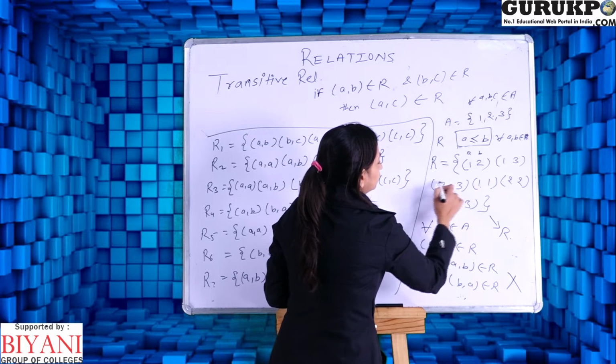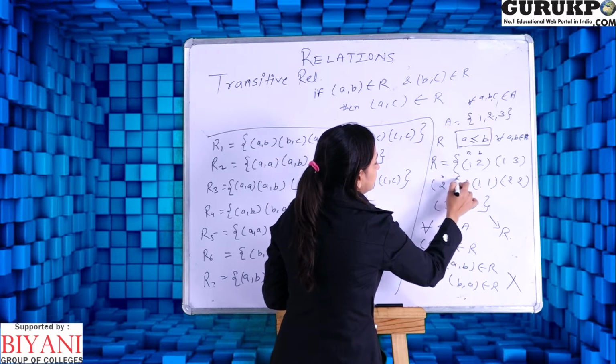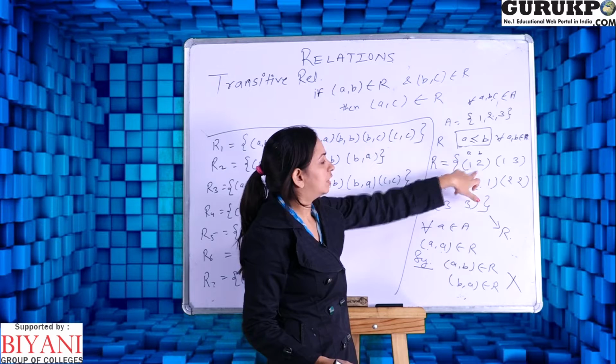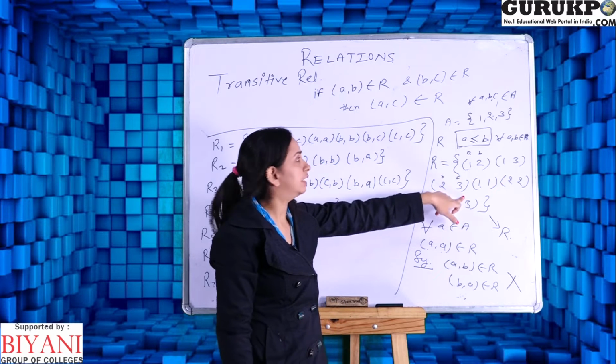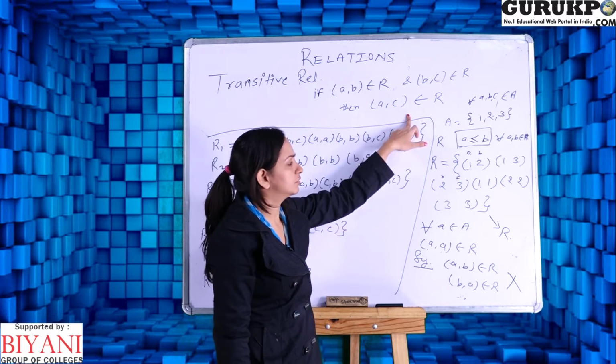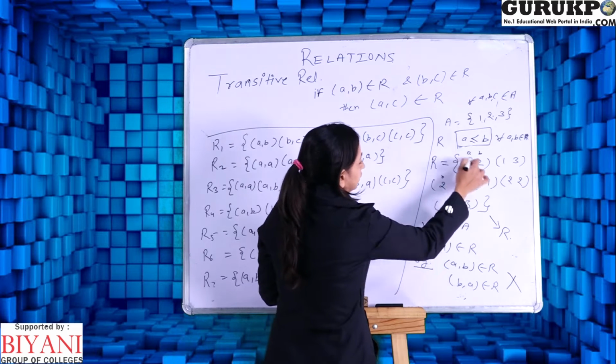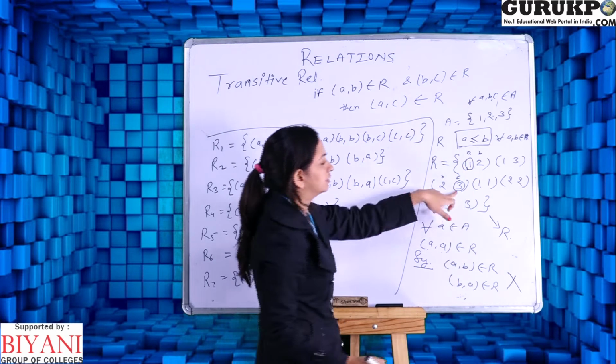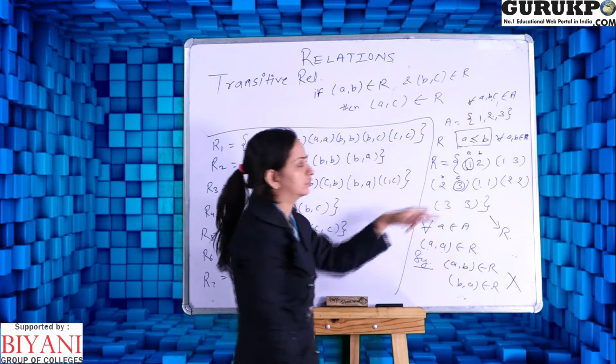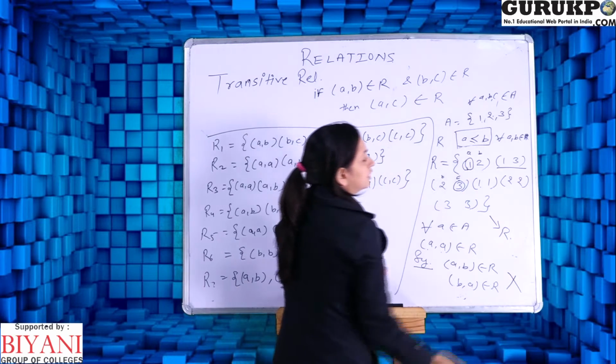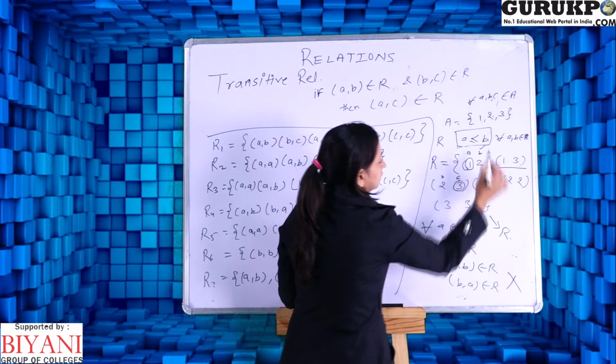B is 2, so I get this pair as (B, C). (A, B) belongs to R, (B, C) belongs to R, then I have to check that (A, C) must belong to R. So I have to check whether (1, 3) belongs to this set or not. We find the pair (1, 3), so we can say that this satisfies the condition.